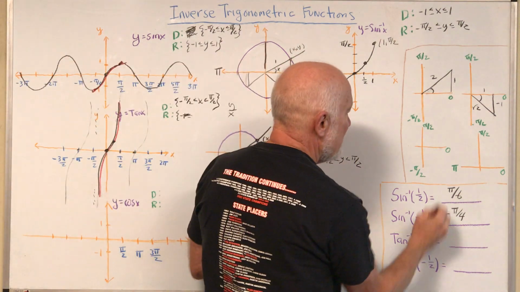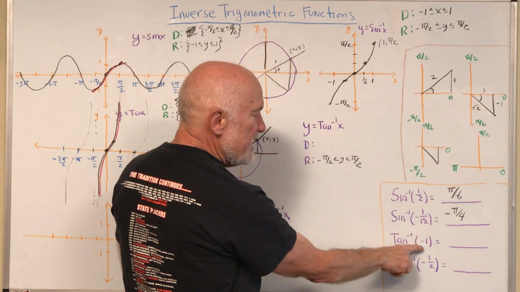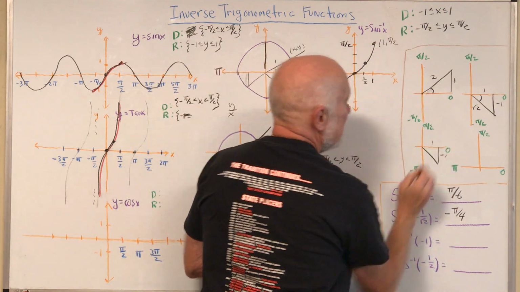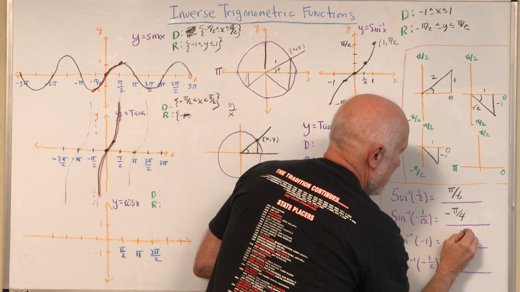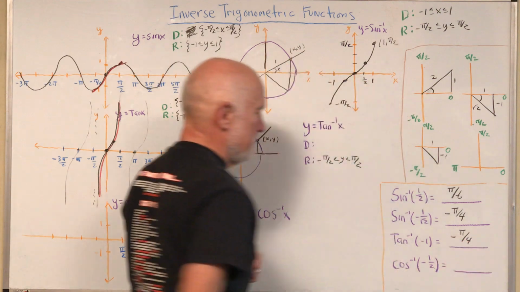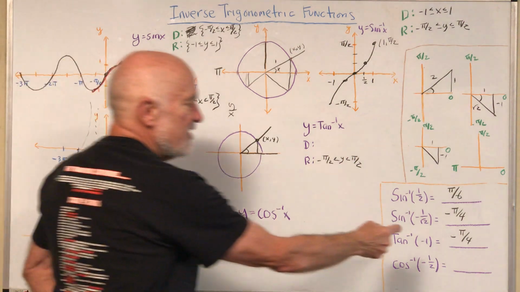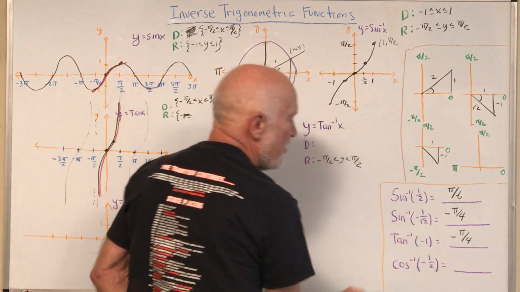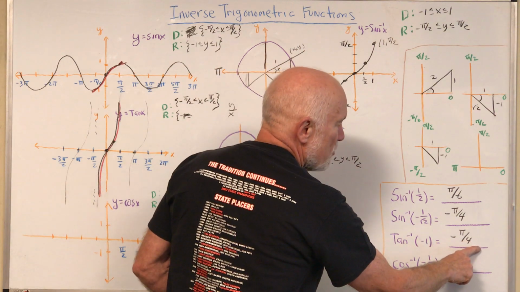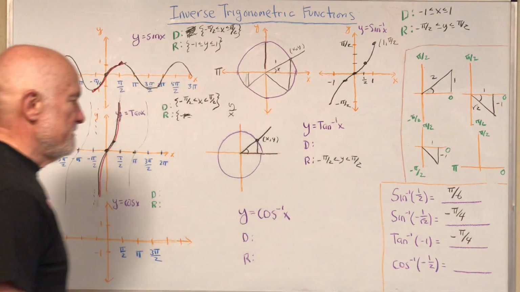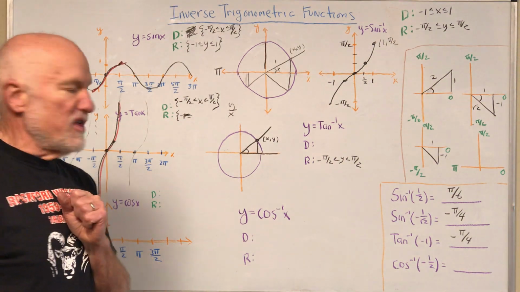So right away, when I see that it's negative 1, I can see that this angle has to be negative pi over 4. For any positive ratio you put in here, the inverse tangent is going to turn out to be an answer between 0 and pi over 2. And those are probably going to be the two most important inverse functions.